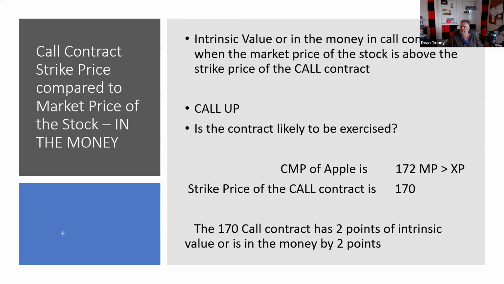The answer is yes. If we answer that question yes, that means the contract has intrinsic value. Now, don't tell me that means somebody's made money or lost money. You can't tell me that. And again, we're not asking that. We're just asking, what is that relationship of the market price, 172, to the strike price? So this 170 call has 2 points of intrinsic value.